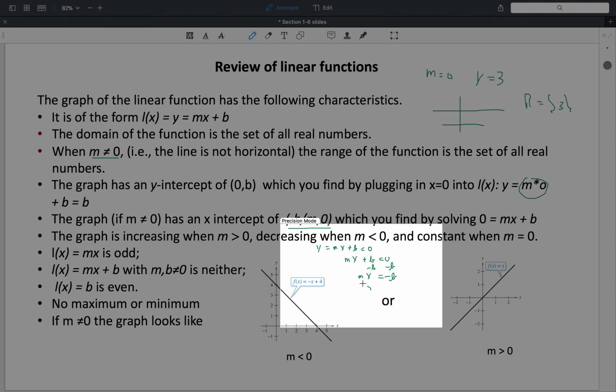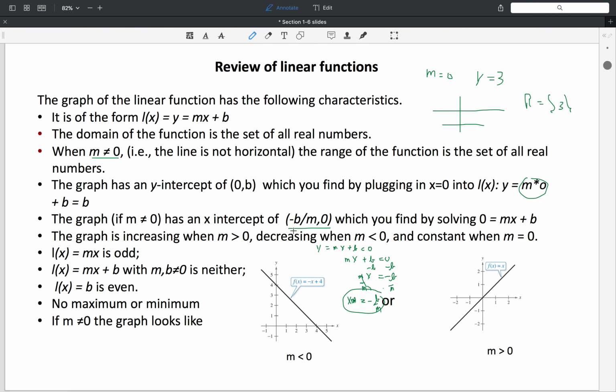And then we divide each side by m. Those m's cancel, and we get x is equal to minus b over m right there. And that's what we said right here.